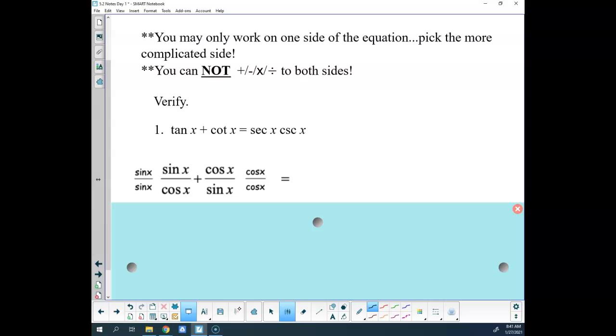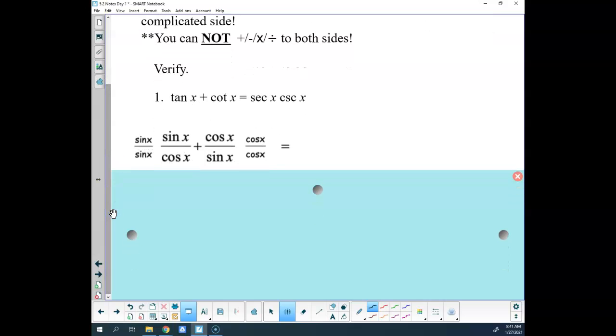You can multiply the left one by sine over sine, and then we have a denominator of sine cosine. You can multiply the right one by cosine over cosine, and then we have sine cosine as our denominator.